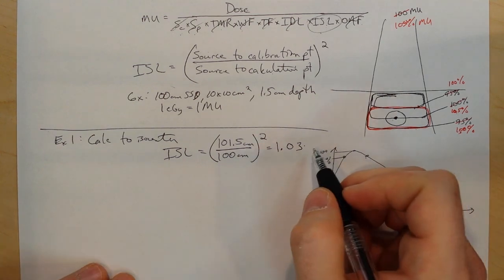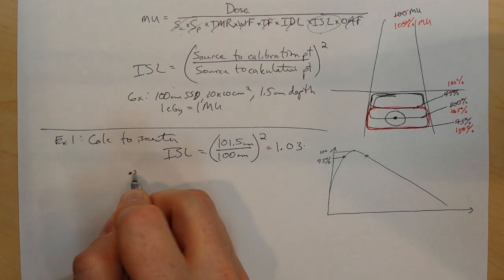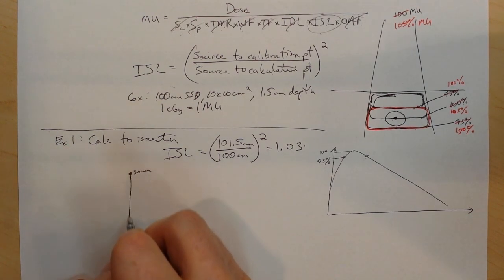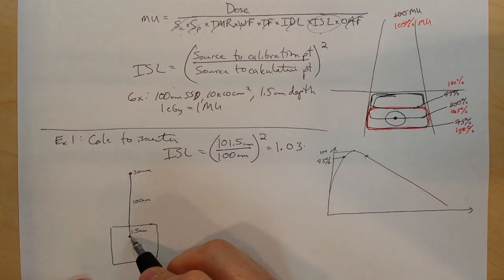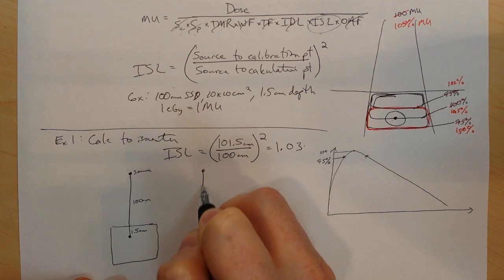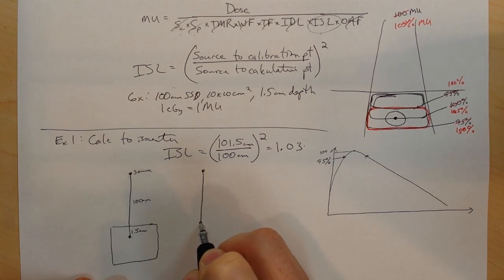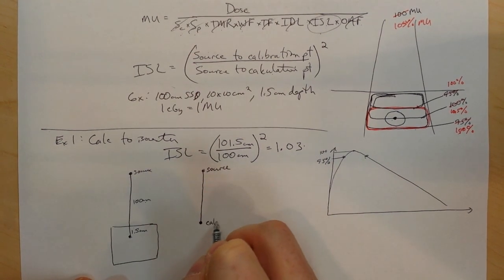Well, why do they need to be adjusted lower? Why do we need to adjust for it? Remember, let me draw the geometries. This is my source. This is the calibration geometry. I'm at 100 SSD, I'm at 1.5 centimeter. This is where I'm calibrating 1 centigray per monitor unit. Now look at my treatment geometry. Call this calc point.